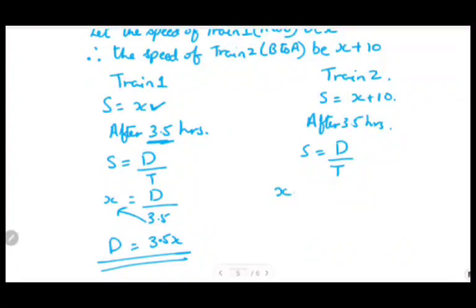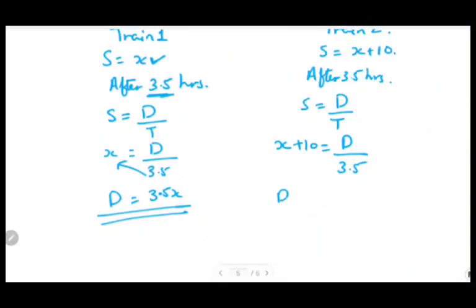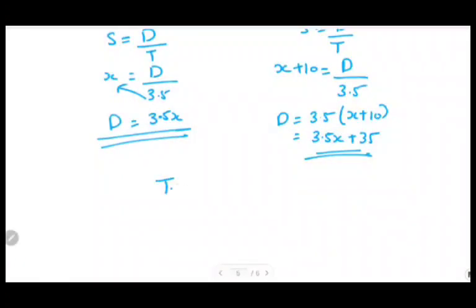My speed is x plus 10 here, is equal to distance upon 3.5. So distance is equal to 3.5 into x plus 10, which is equal to 3.5x plus 35. Alright, clear this much? So now what's the total distance of both?